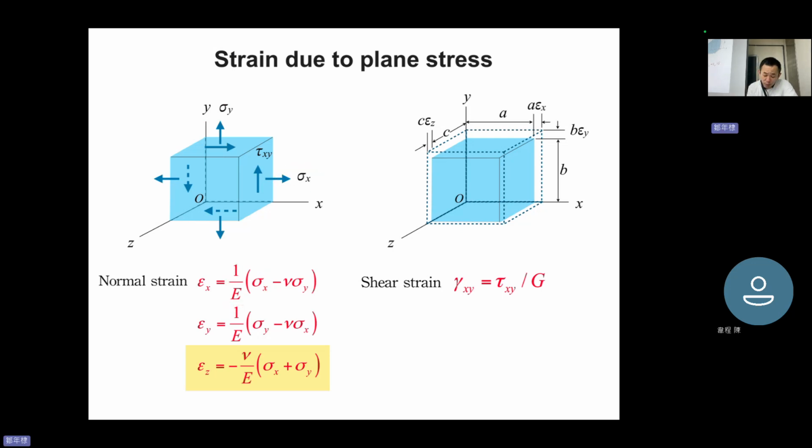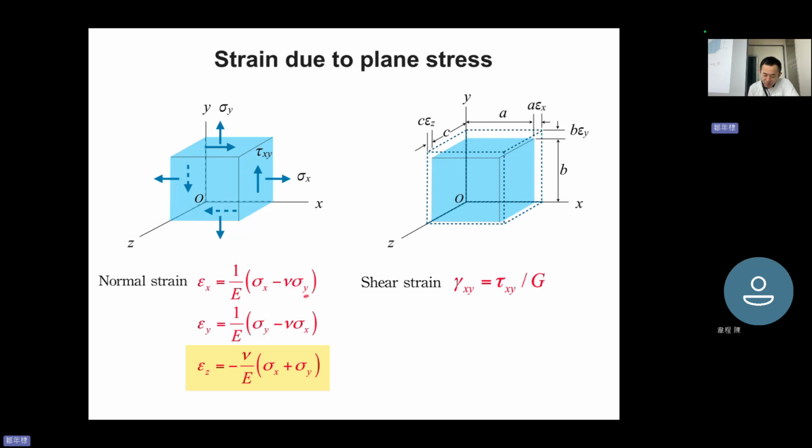Another, negative, contribution is that sigma y pulls up and down, so the x-axis should be shrinking. It's a Poisson ratio effect.